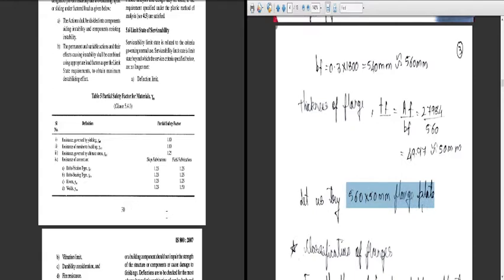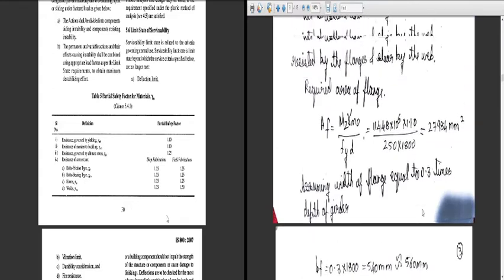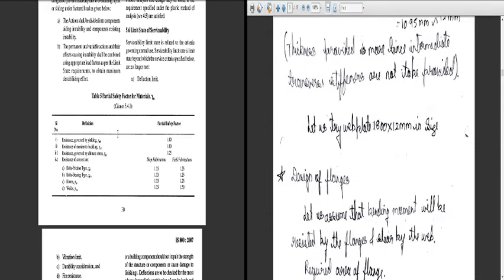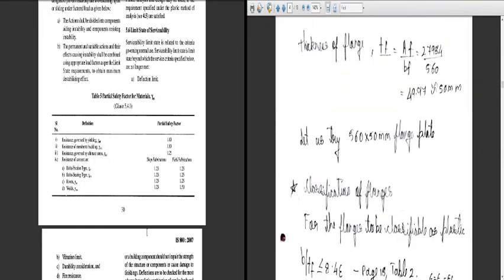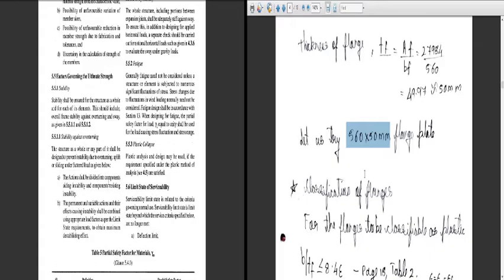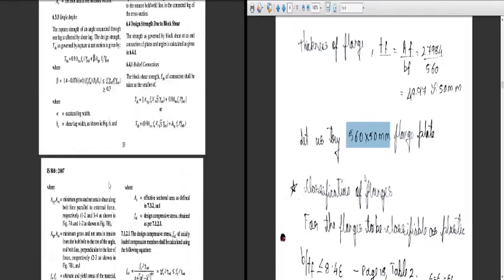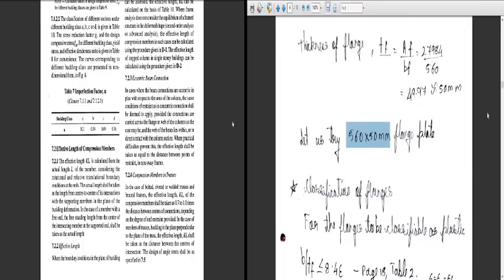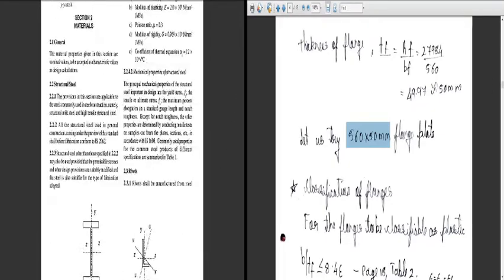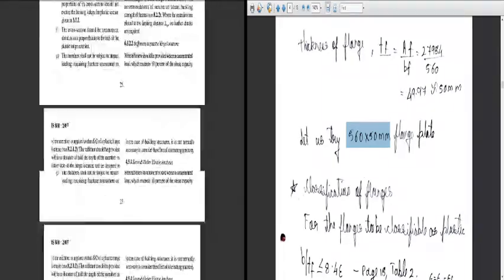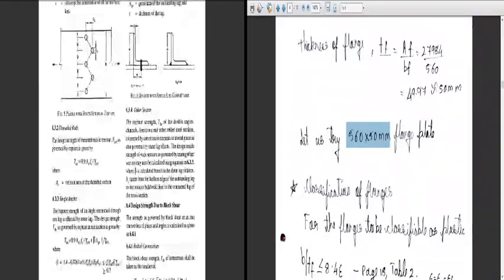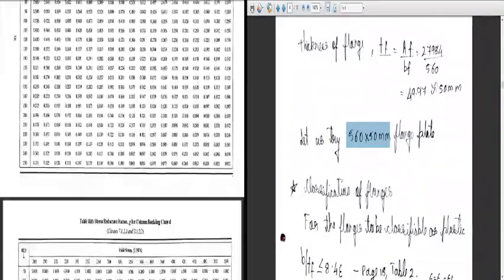Now we have decided the dimensions. The dimension of the web you can see is 1800 mm by 12 mm. Dimension of flange you can see is 560 into 50 mm. Here in the codebook cross section, you can clearly see that in the I section there are web and flanges.